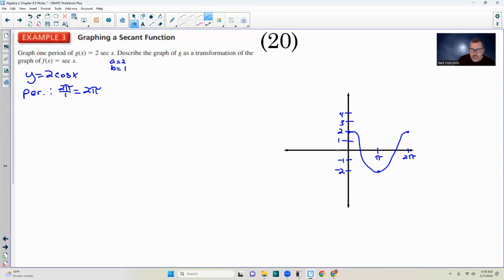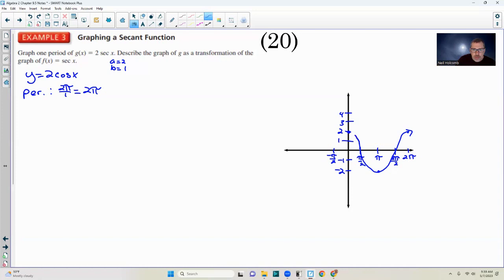I'm also going to continue it. Let's go on the other side as well. So this continues. And this is pi. This is pi over 2. This is 3 pi over 2. And so negative pi over 2 is going to bring this back down. Let me erase this. It's too curvy there. It flattens out too much.